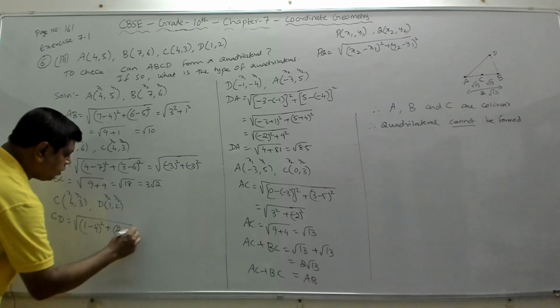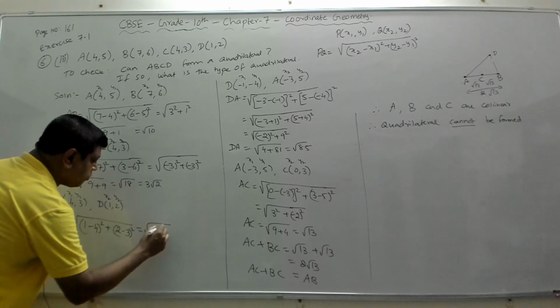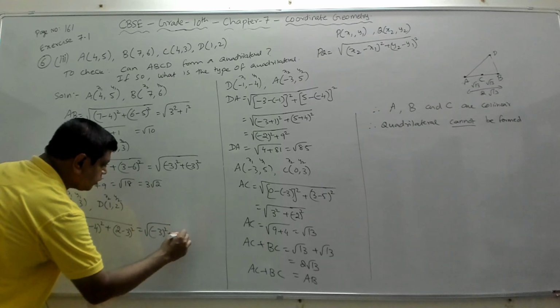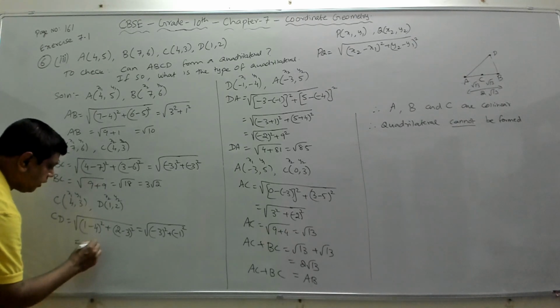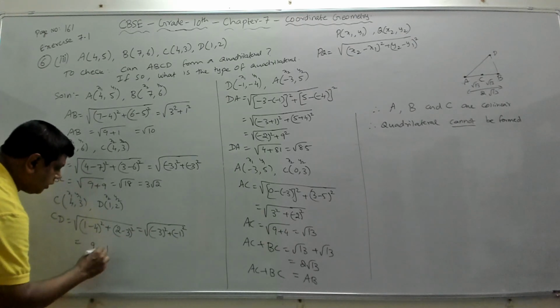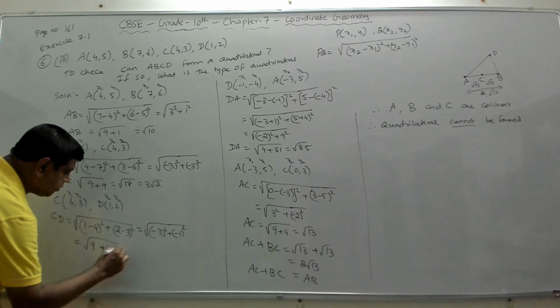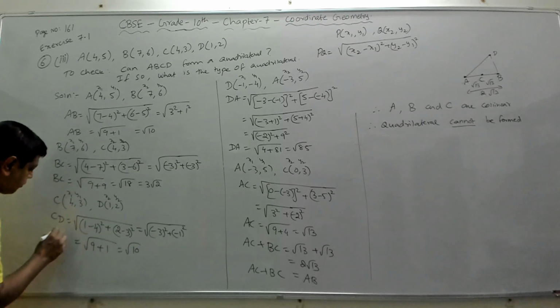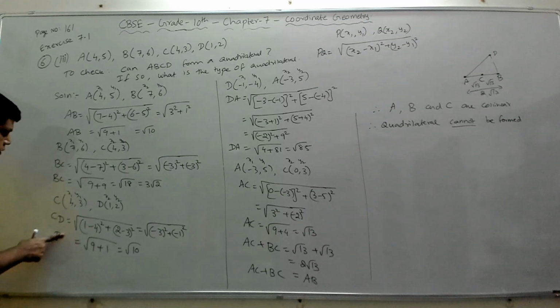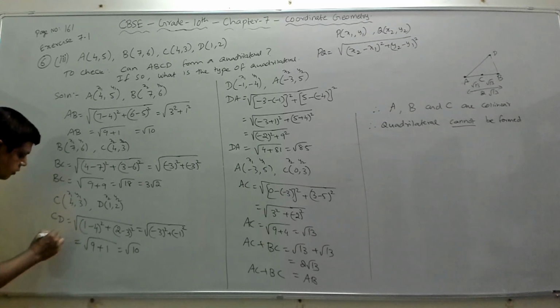That gives the square root of minus 3 the whole square plus minus 1 the whole square. Minus 3 squared is 9, minus 1 squared is plus 1. So that gives root of 9 plus 1, which means root 10. This is your CD. DC doesn't matter, CD.